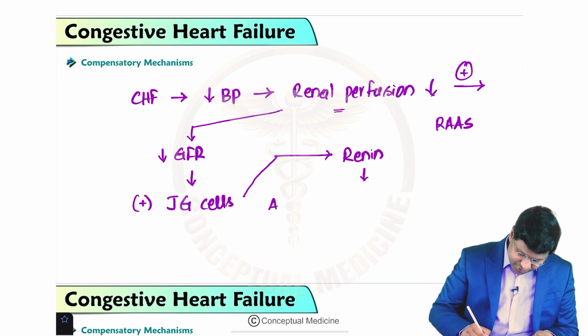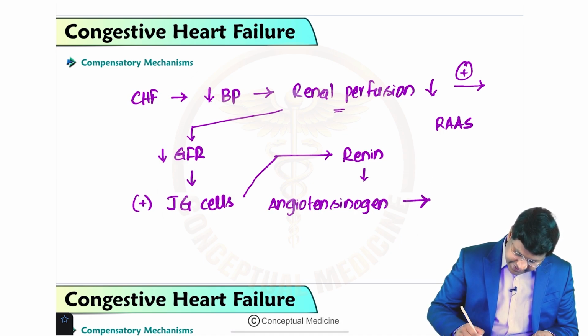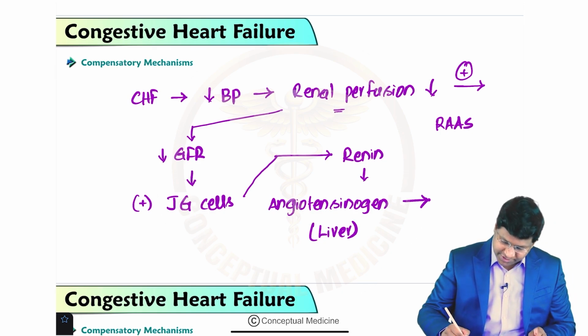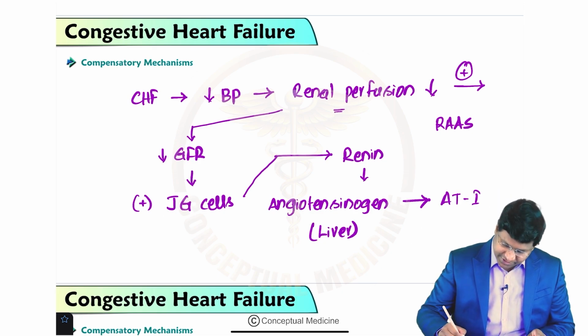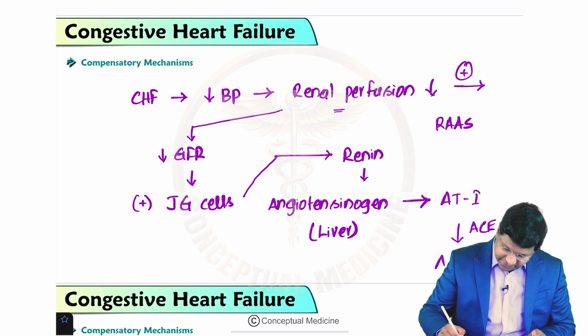This renin acts on angiotensinogen, and angiotensinogen is the substance which is synthesized within the liver. This angiotensinogen is converted to angiotensin 1, and this angiotensin 1, in the presence of angiotensin converting enzyme, is converted to angiotensin 2.